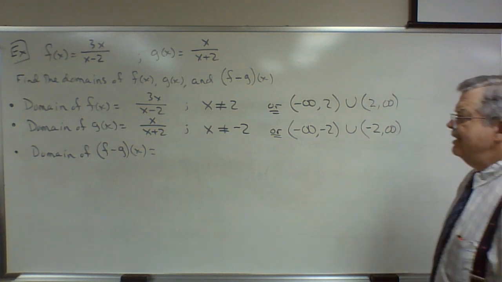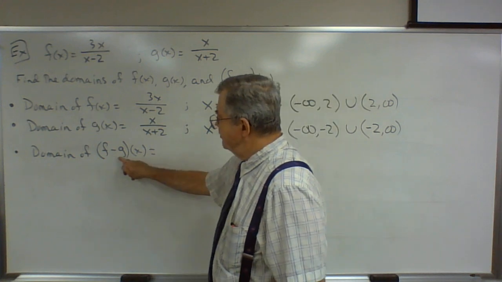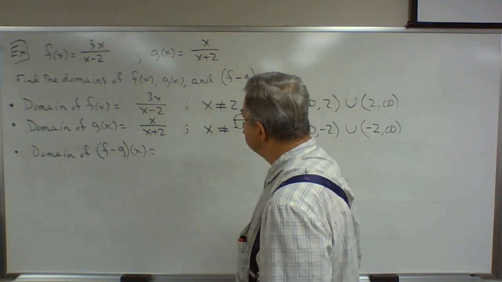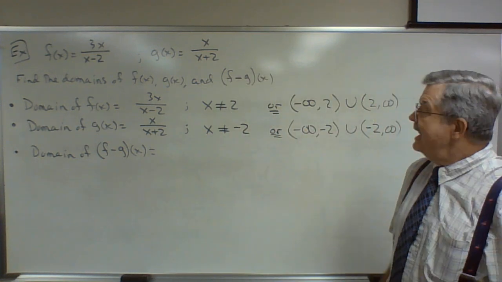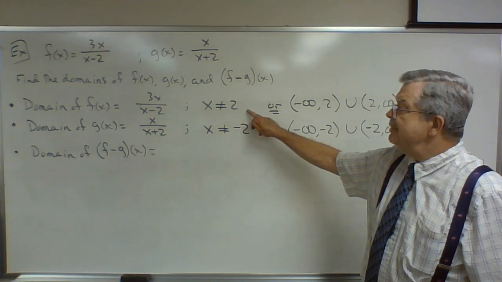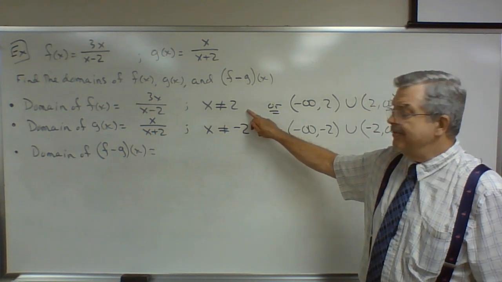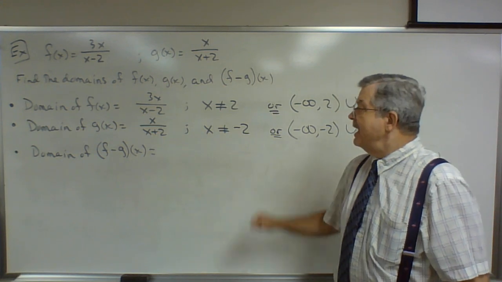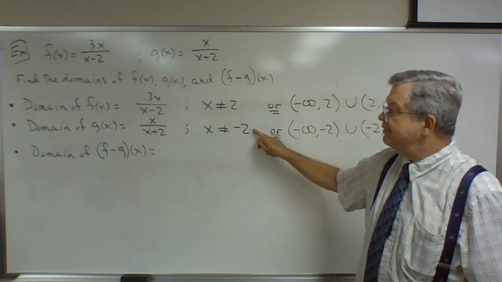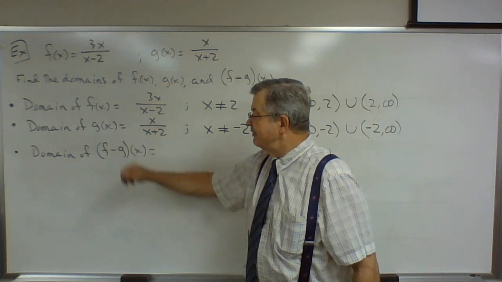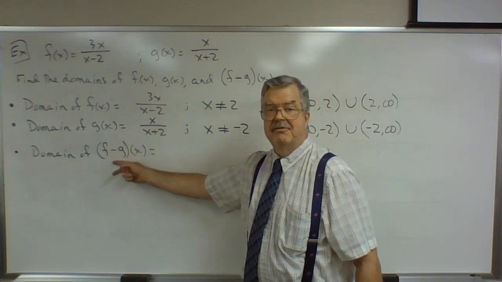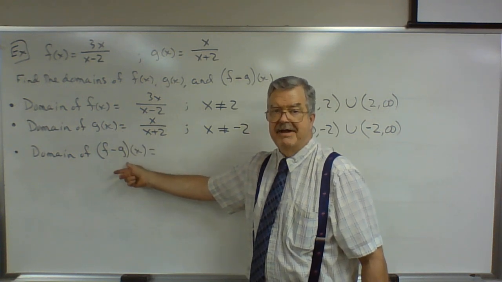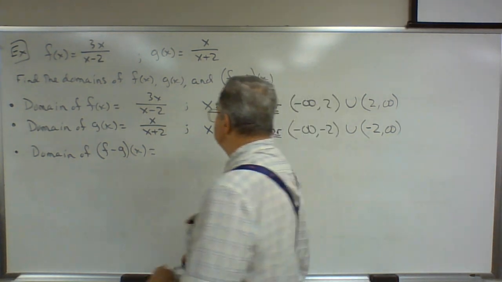Now the domain of f minus g evaluated at x. Any x value that we exclude from the domain of f, we have to exclude from f minus g. Any x value that we exclude from the domain of g of x, we have to exclude from f minus g evaluated at x.